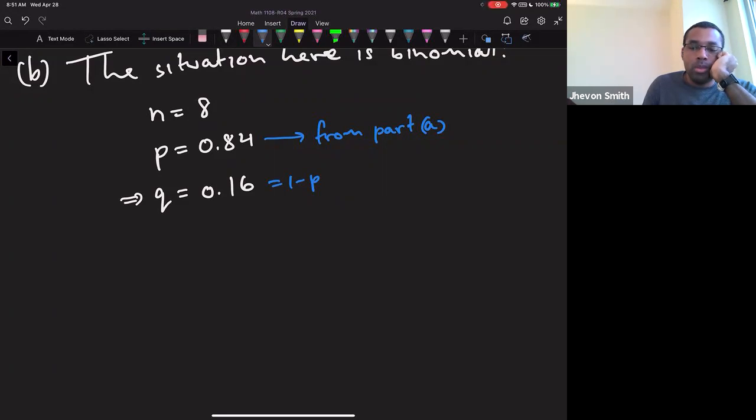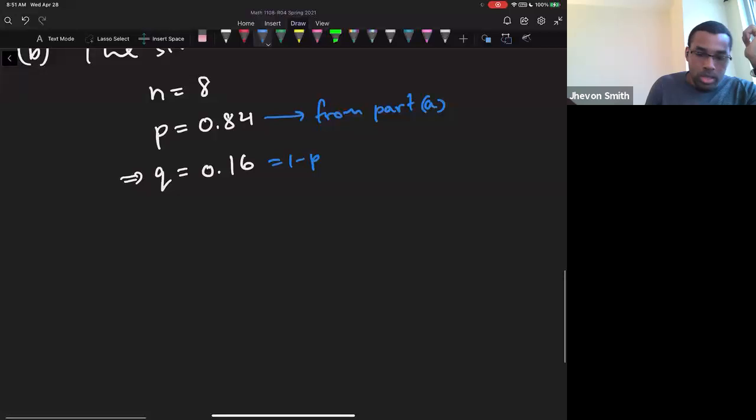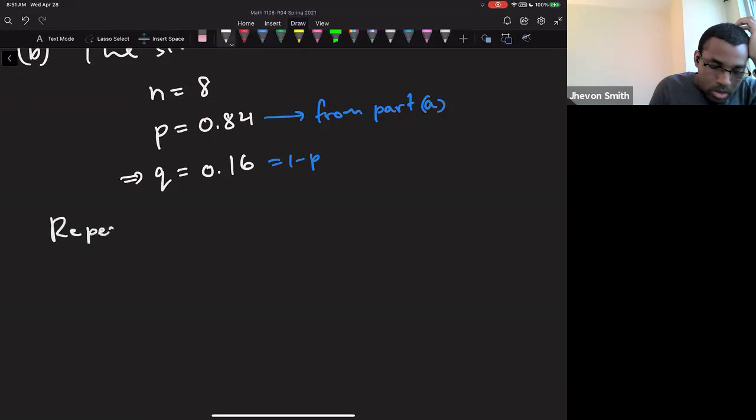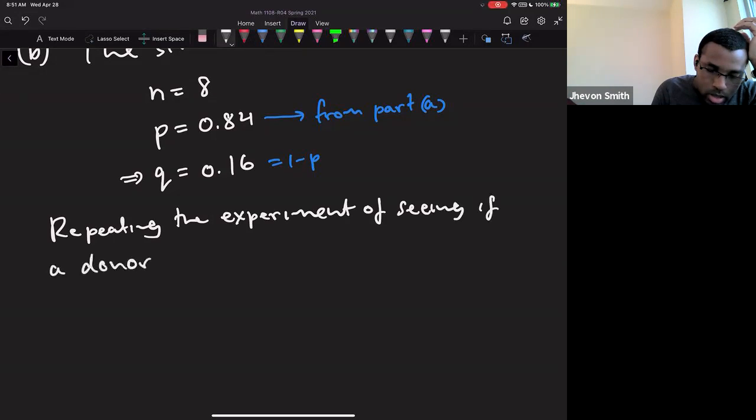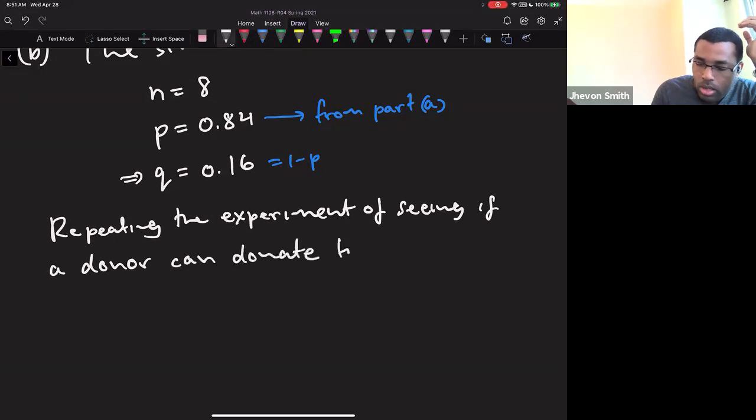Okay, so this is a binomial, right? So we are repeating the experiment of seeing if a donor can donate to our patient.